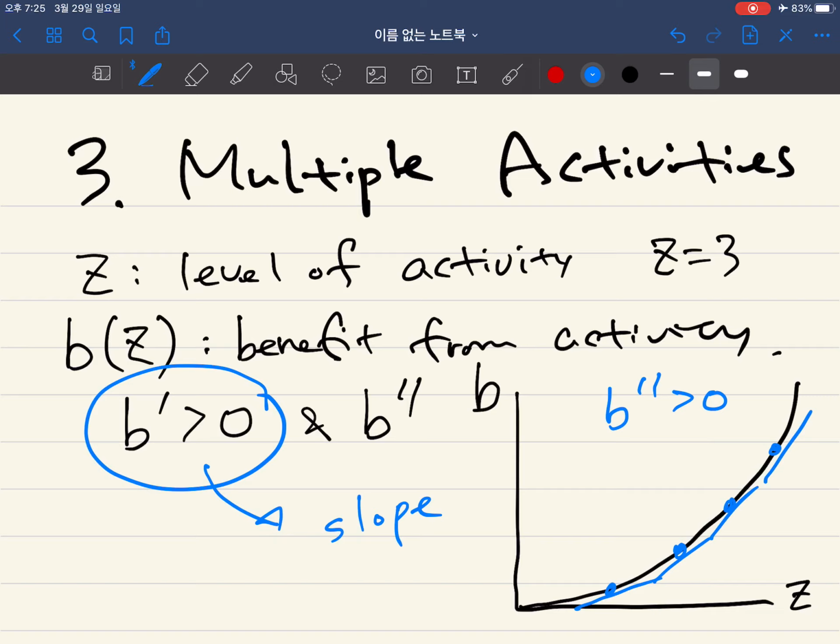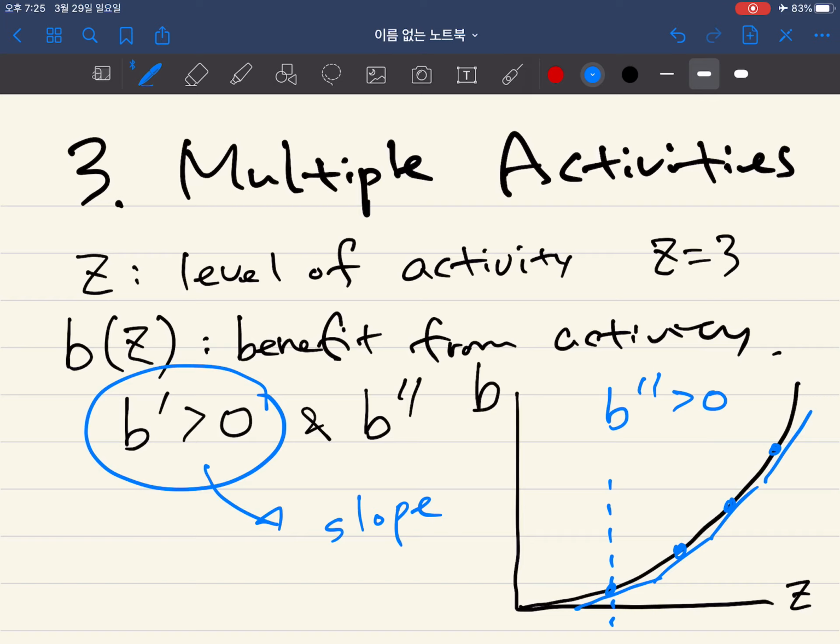So this picture says, suppose Z is small. So your level of activity is very small. So for a simple example, suppose Z is number of hamburgers you eat.